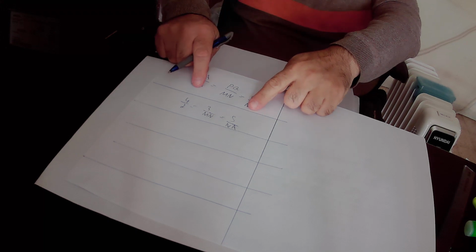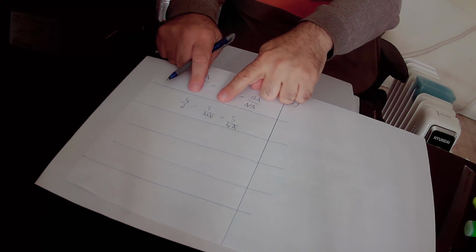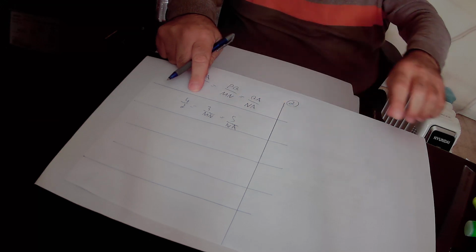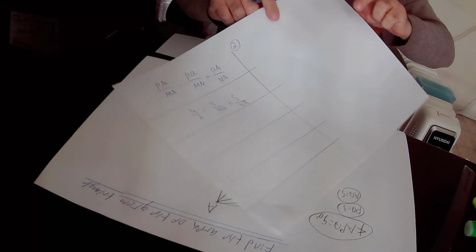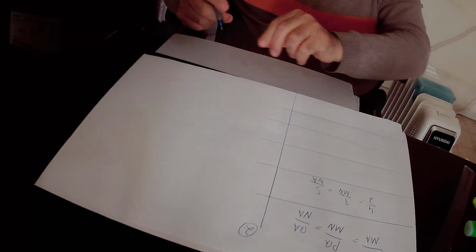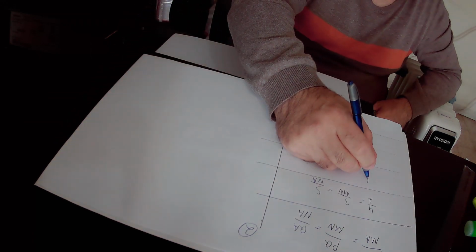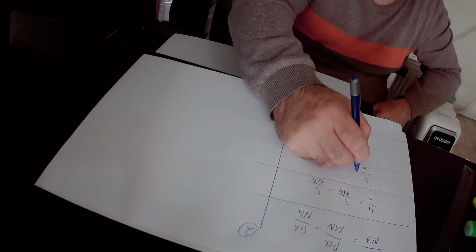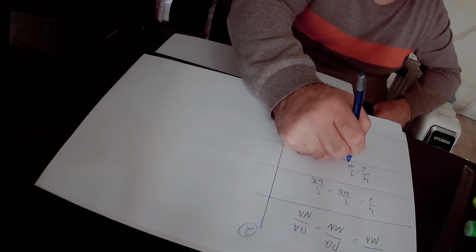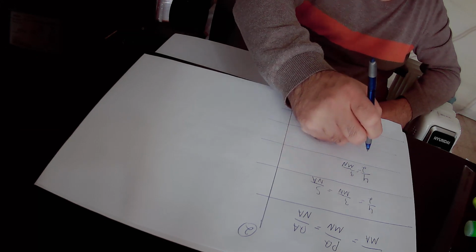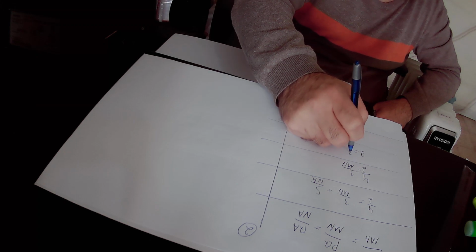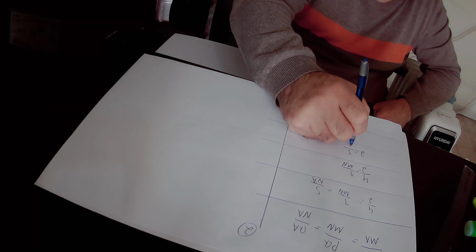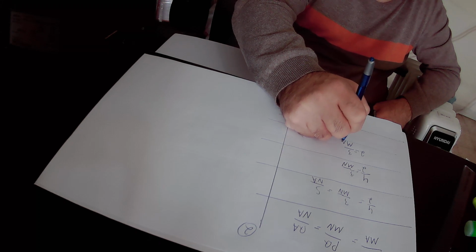From this equation, we conclude that 4 over 2 equals 3 over MN. Four over 2 is 2, so 2 equals 3 over MN.